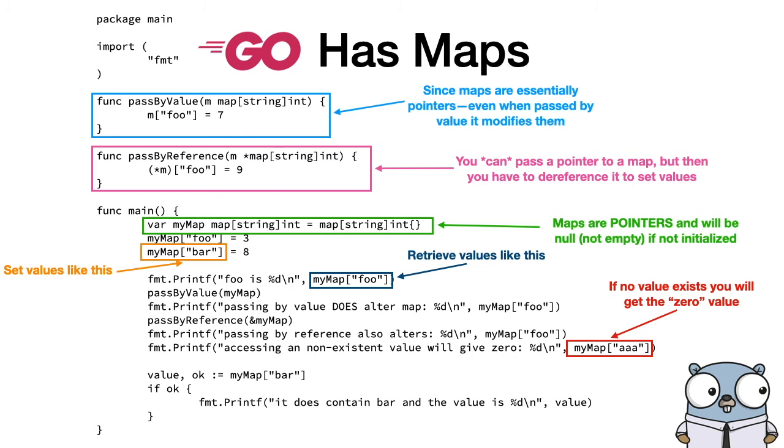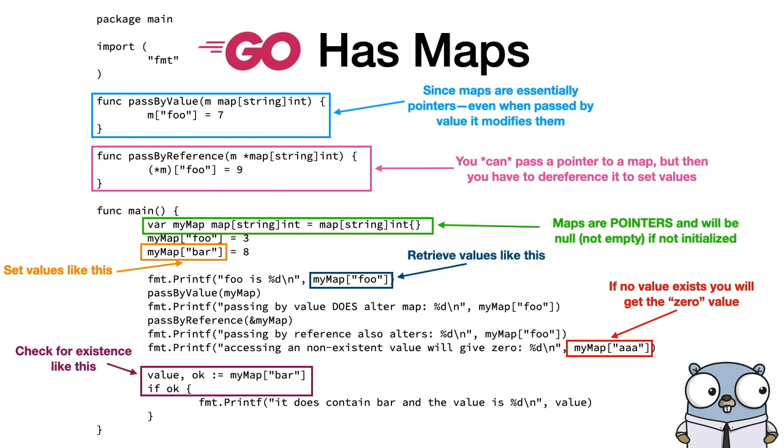Now, if I want to check and see if something exists, I can use this syntax. I have value, comma, OK equals map. This says, store the value from my map bar into value, and if you actually found a value and you're not just giving me a default, put true in OK.